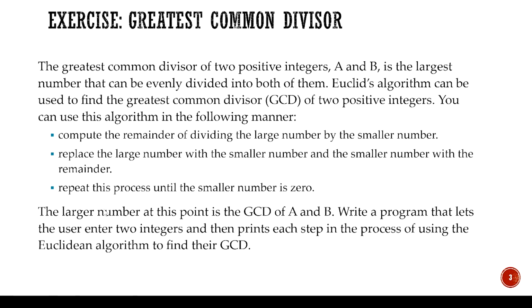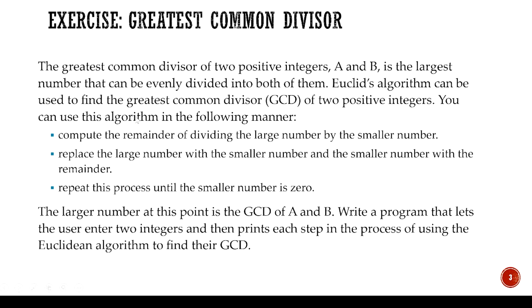Okay. Now here, I have an exercise for you that we will be discussing in our live sessions. I would like for you to give it a try and write a program for this. You can see the steps for calculating the greatest common divisor.